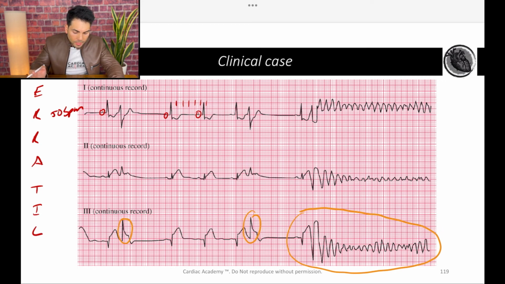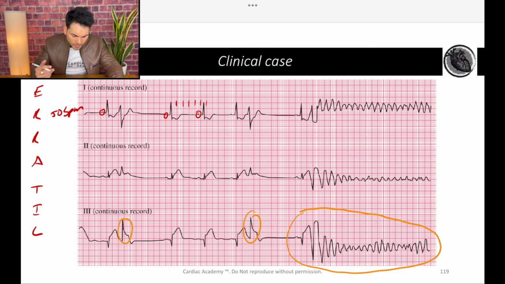Well, it's irregular because of the appearance of these PVCs, but it's actually a regular rhythm when the SA node is the one driving the heart, okay? But yeah, I would say it's probably irregular due to these PVCs, not due to any AV node issues or SA node issues, okay?